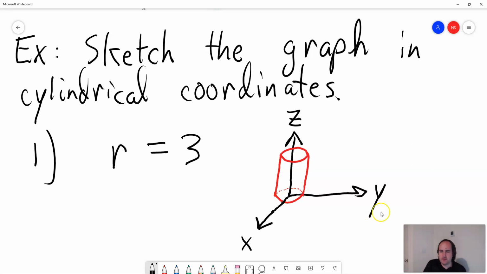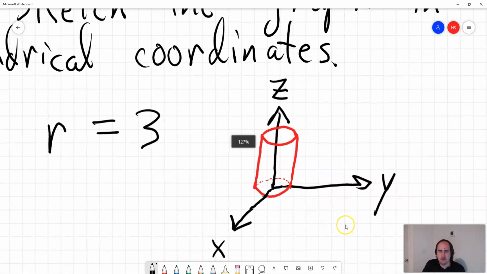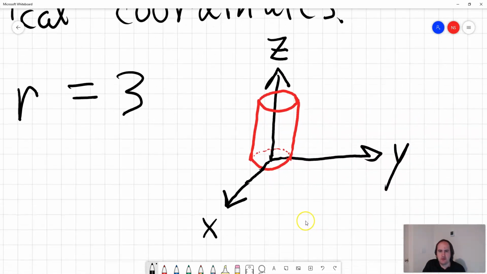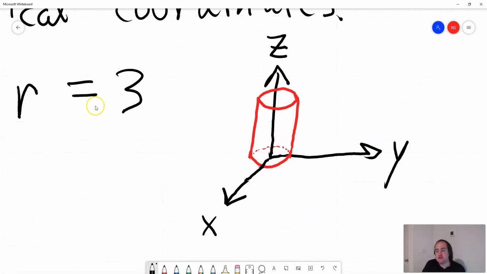Okay, so let's zoom in on this a little bit so I can get a better picture. So the radius equals 3, and what we're dealing with here is, because the radius is 3, this is going to be a circle on the xy plane with radius 3. So for example, for y, this is 3, and then on the negative y-axis, this is going to be negative 3.